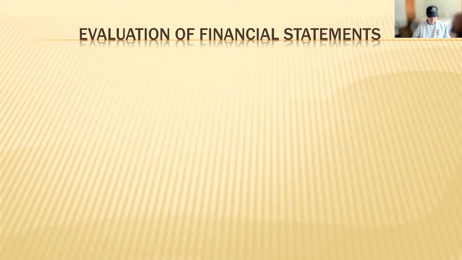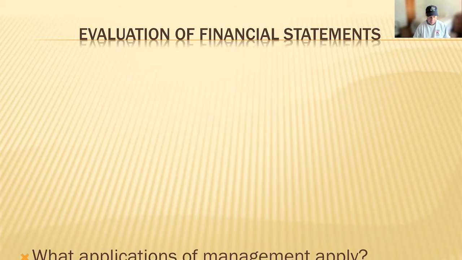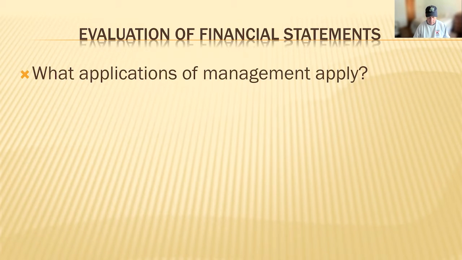So in the evaluation of financial statements, we look at what kind of applications apply to the management of these things. Four different categories that typically make a difference start with cash flow management.